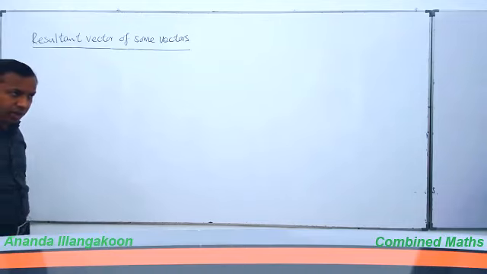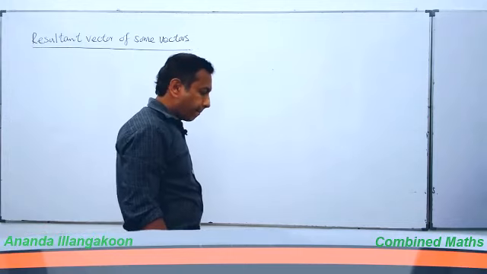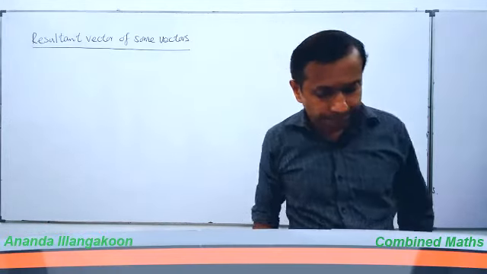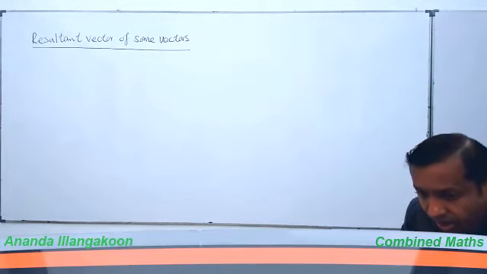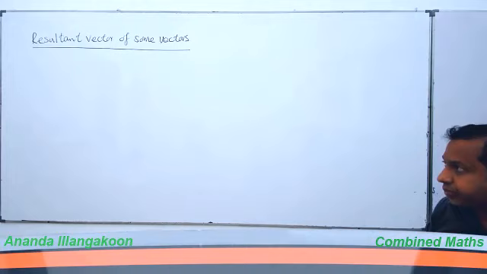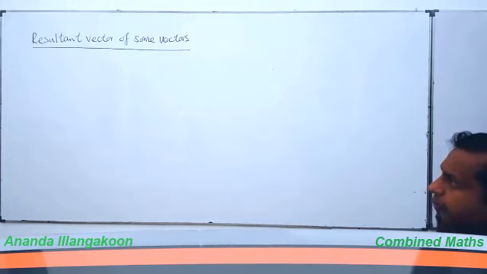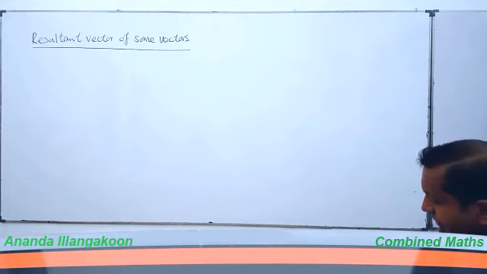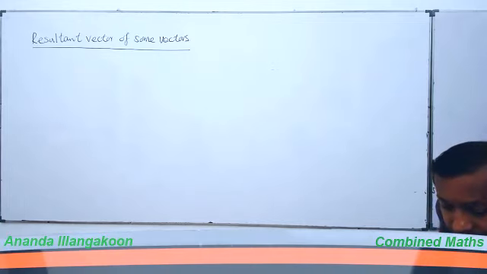When two vectors are added, the answer is another vector.